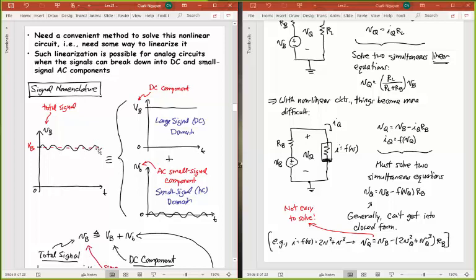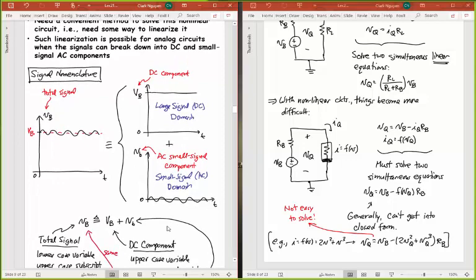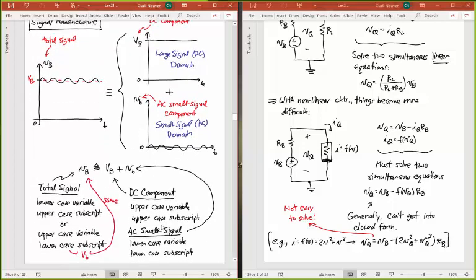This is showing that this total signal is a DC component, V capital B, that's what I'll call the large signal DC component, plus an AC small signal component, little v, little b. Okay? Lowercase v, lowercase b. I'm being very particular about what case I'm using. And at the bottom it says exactly what we're doing here.